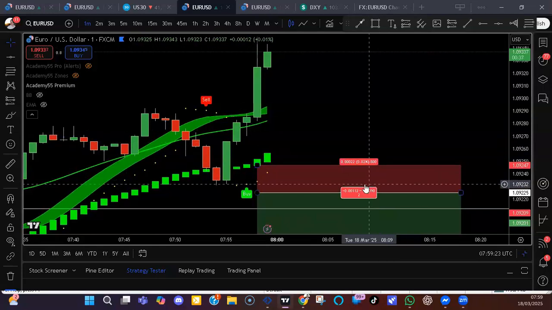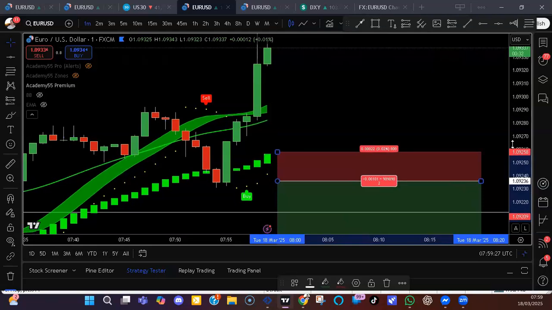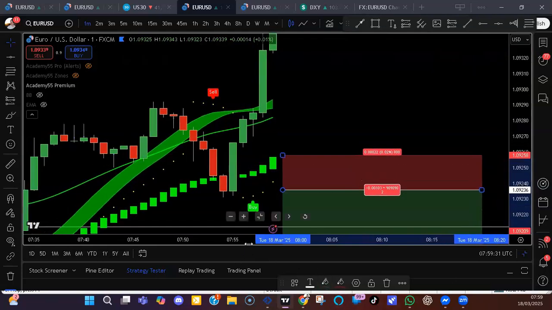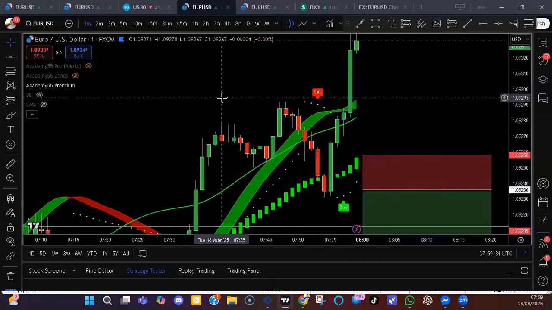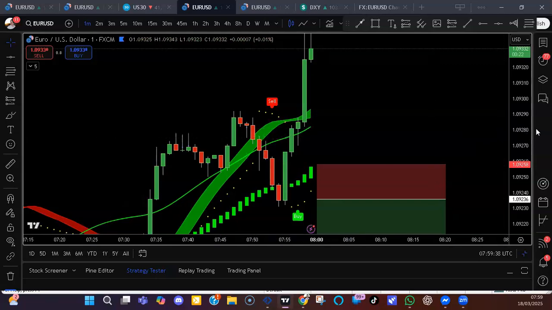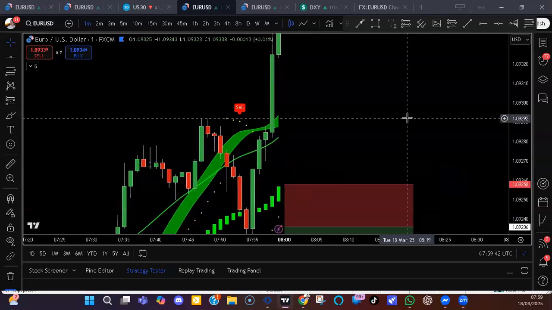We could be taking the next sell, and this is where we are. Time is now, well, nearly 8. Another 20 seconds will be 8 o'clock.